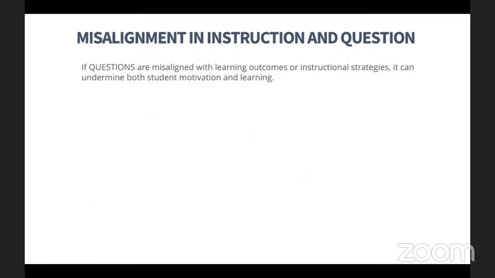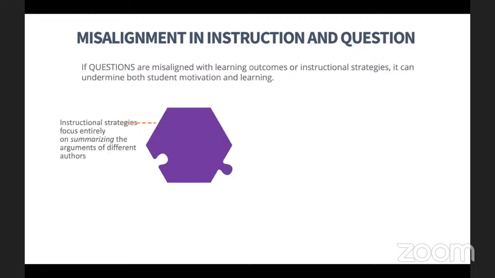Outcomes-based education is going to help you put everything in the right perspective and right place. The data that you collect and analyze is going to help you take the right decisions at the right time. To achieve that, the first concept to understand is how to avoid the misalignment between the outcomes, instructions, and the assessments. The second example is how the misalignment between instruction and the question happens.